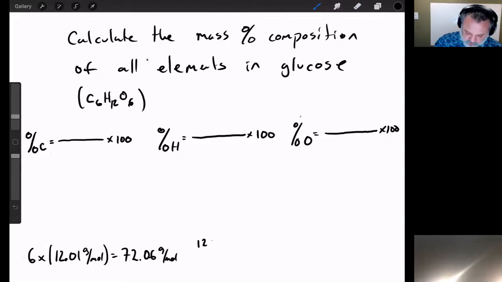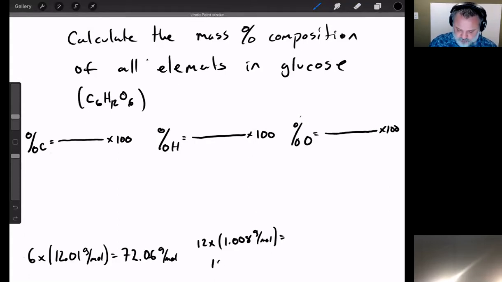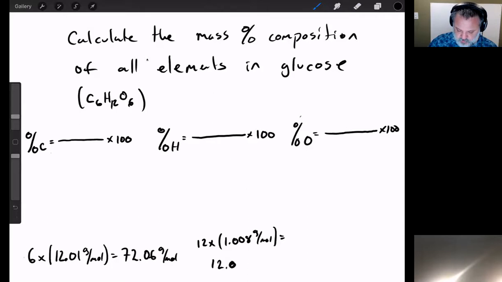What do we get for hydrogen? There's 12 times 1.008 grams per mole. What do we get there? Well, 12.096 grams per mole. And then for oxygen, there's 6.